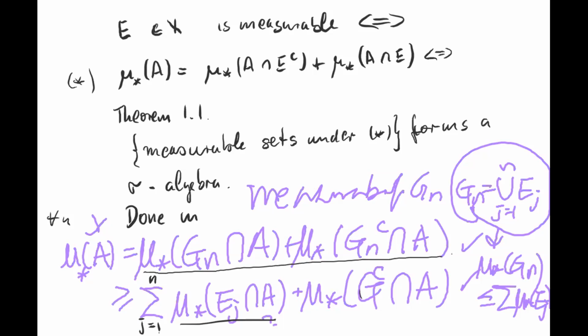But isn't this equality like this way? If I have the J equals 1 to N on the sum here, then the inequality is in the right direction, right?